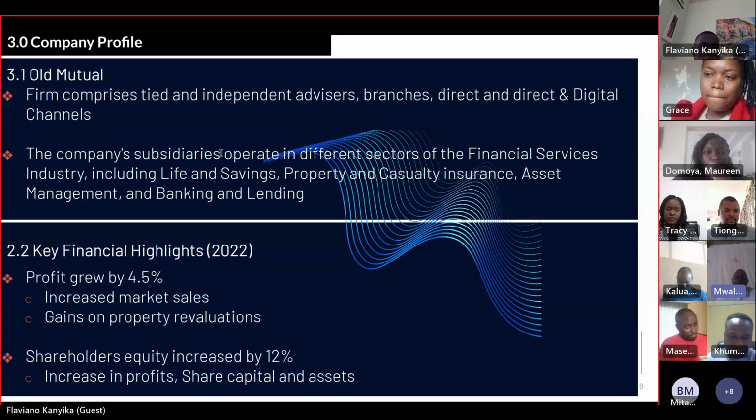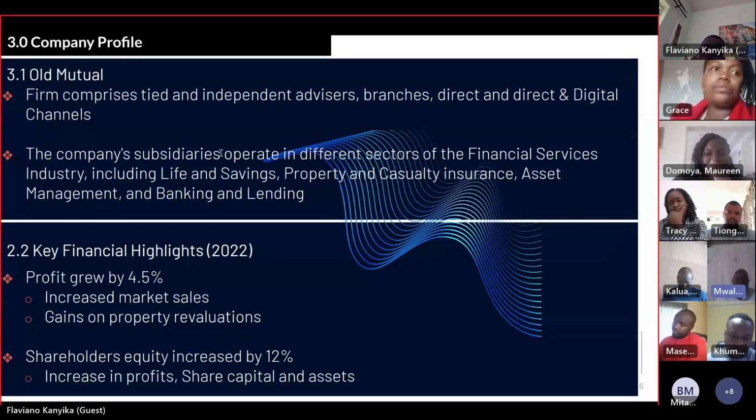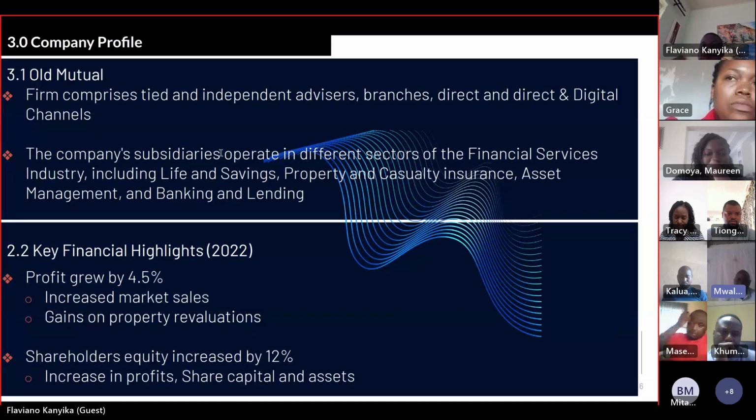In terms of the characteristics of these 2 companies, Old Mutual, to begin with, has tied and independent advisors, and the branches, direct and digital channels. The company has subsidiaries which are operating in different sectors.